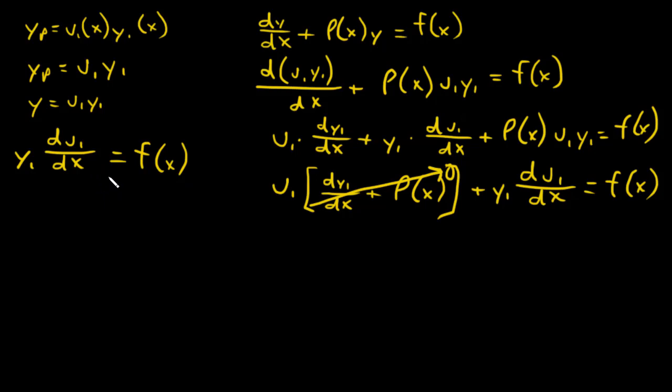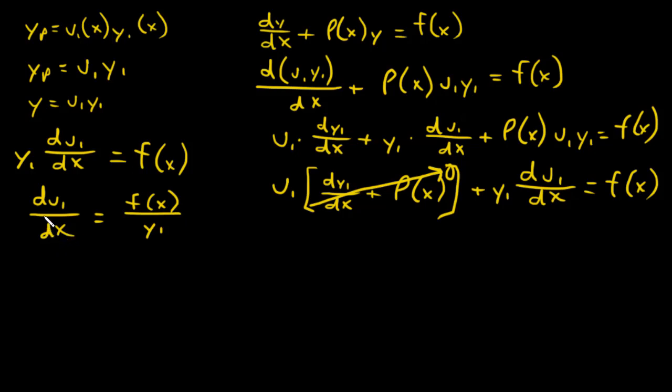Okay? So now that I've got it into this form, I'm going to do some rearranging. I'm going to take this y1 and divide both sides by it. So if I do that, I get du1 dx is equal to f of x divided by y1. Okay?